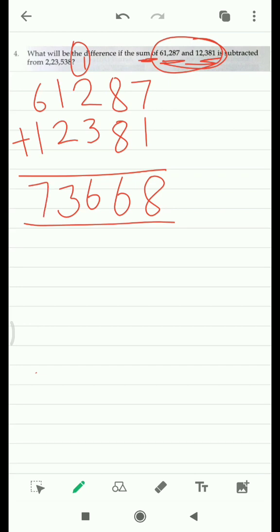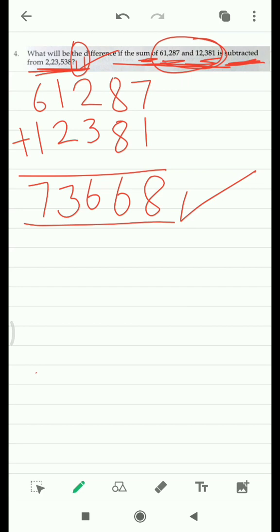After doing the addition or subtraction, you have to check it at least 2 times to make sure that there is no mistake in your calculation. Okay? So let's go ahead now. If the sum of this is subtracted from this, now you just see we have this number and this number for subtraction.